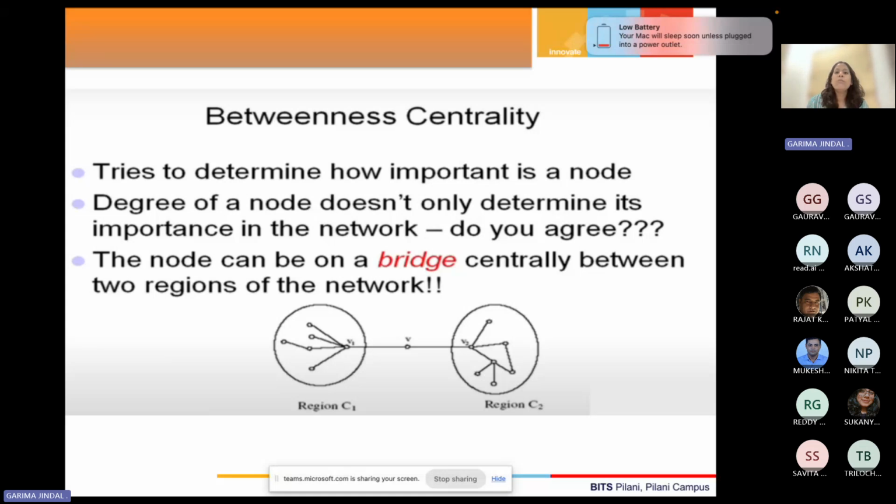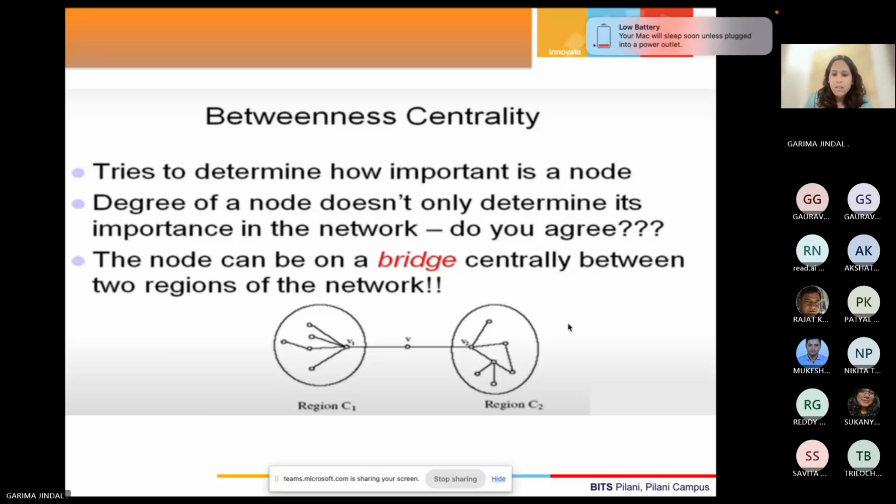The maximum resource should be allocated when this road is being built, because it is a very important road connecting these two states and has the probability of having high traffic. So when building roads or pipeline networks, we need to identify those pipes or roads that have high betweenness centrality.